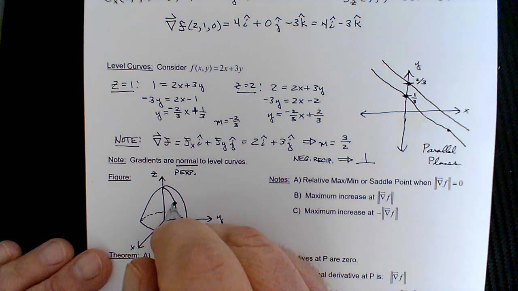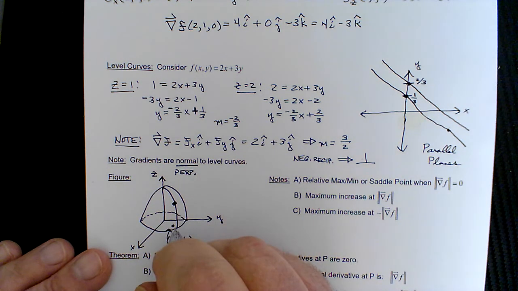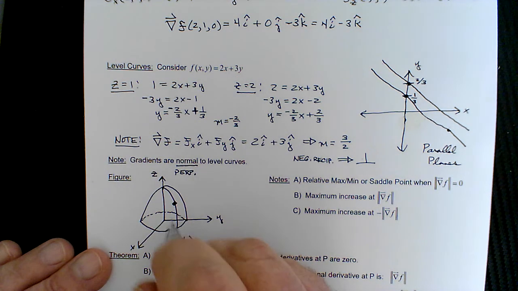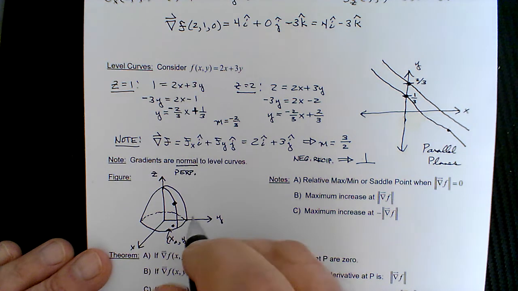slope at that point. So we saw how we could use the gradient in combination with a unit vector to find the directional derivative with respect to a particular unit vector.